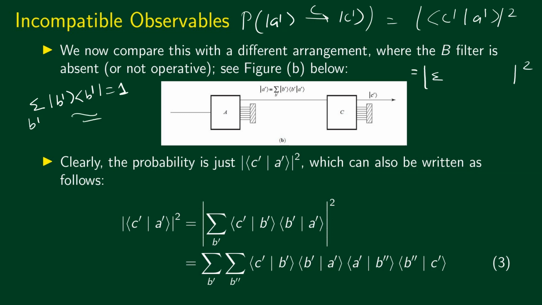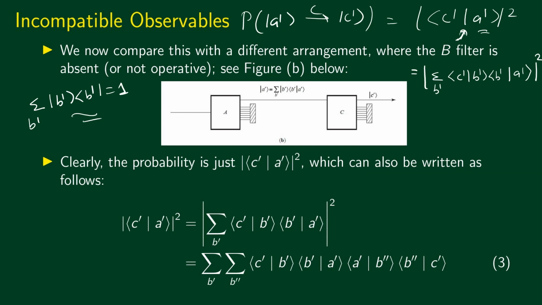This is the identity operator that I am going to insert in here. So there's a sum over B prime. I've got this bra C prime here, and I've got ket B prime bra B prime, and ket A prime. The modulus square is still there. So what have I done? I've just introduced an identity operator in between here.